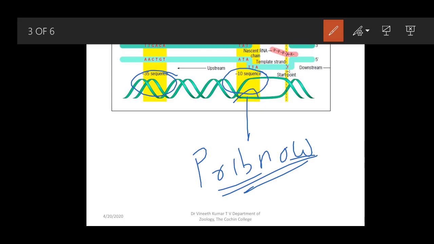If and only if RNA polymerase binds to the promoter, transcription occurs from the particular starting point of transcription, and the entire gene will be correctly transcribed.